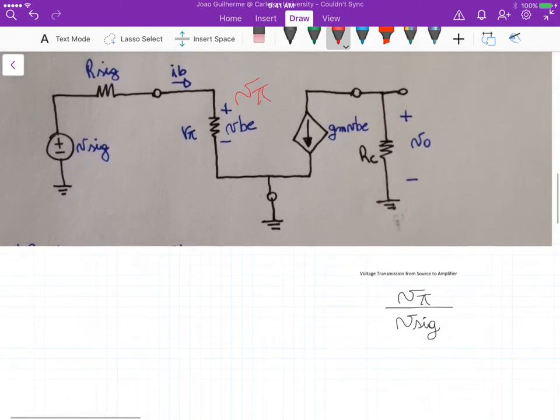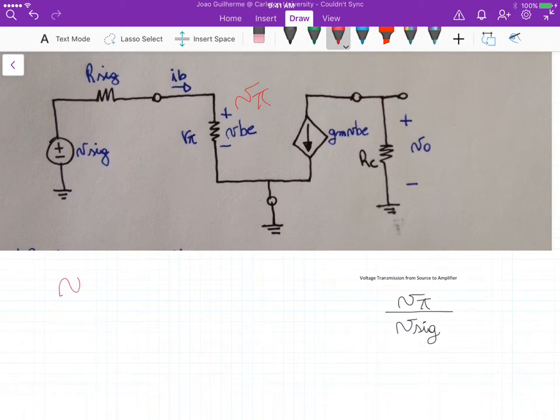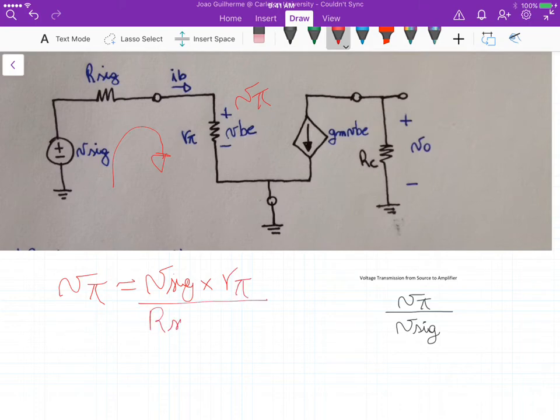And we know that V pi, if we apply a voltage divider here, is equal to the input signal voltage times R pi divided by R signal plus R pi.